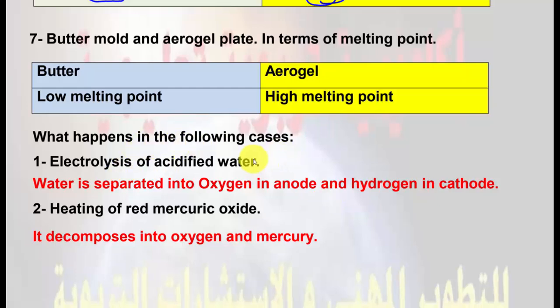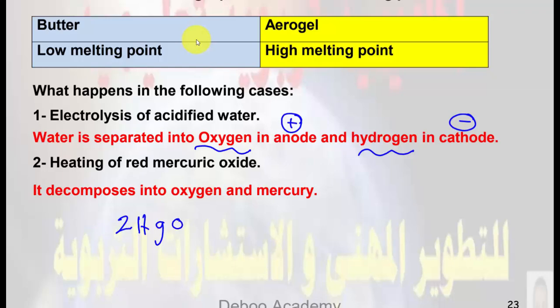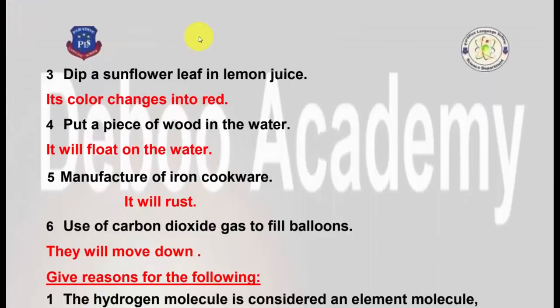What happened in the following cases? Electrolysis of acidified water. We said water is separated into oxygen at the anode, the positive electrode, while hydrogen at the cathode, which is the negative electrode. Heating of red mercury oxide, also we said it gives mercury, Hg, plus oxygen.